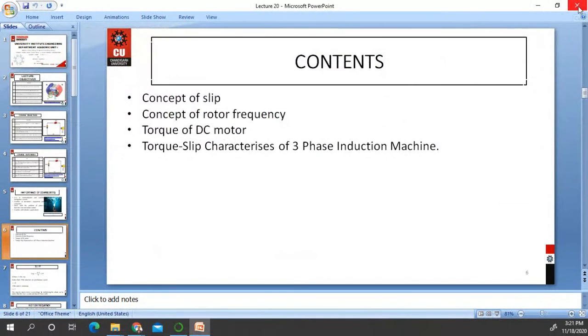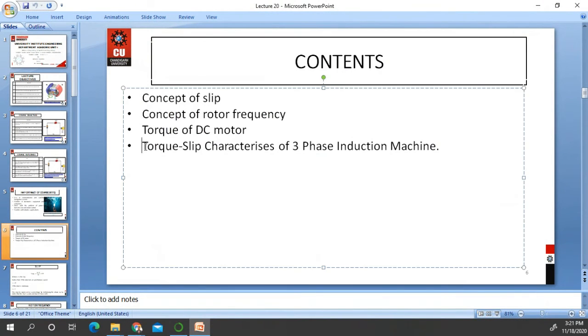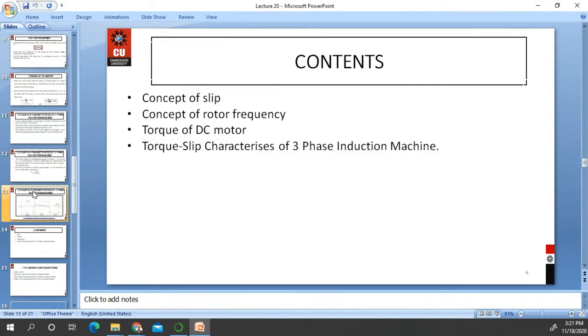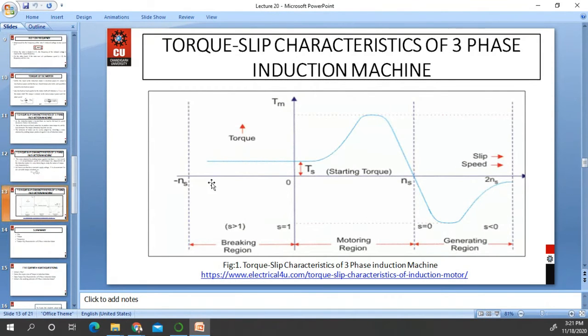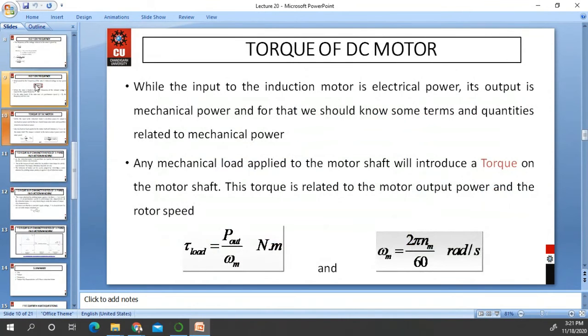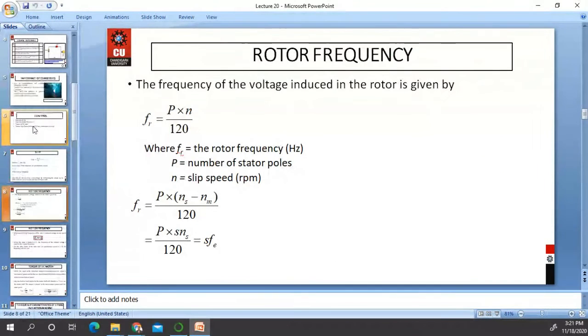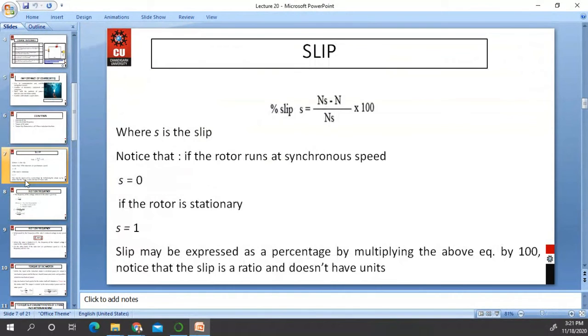Now come to the next point, torque slip characteristics. We will cover the torque slip characteristics for the three-phase induction machine. This is the graph which we showed in the morning session. We have explained how slip is represented.